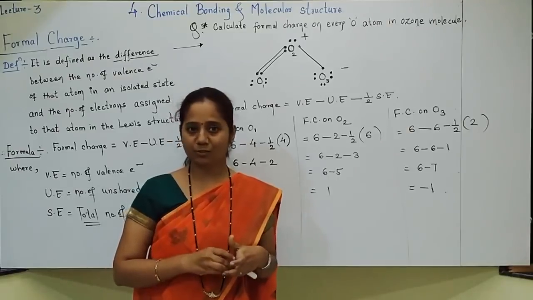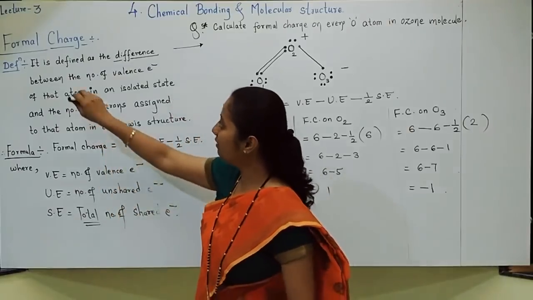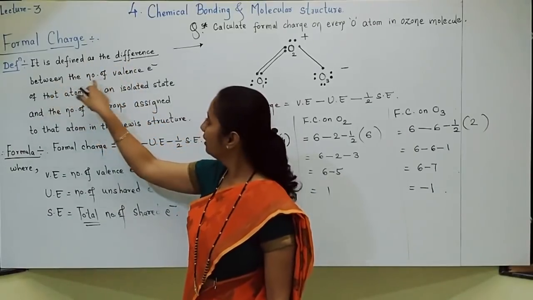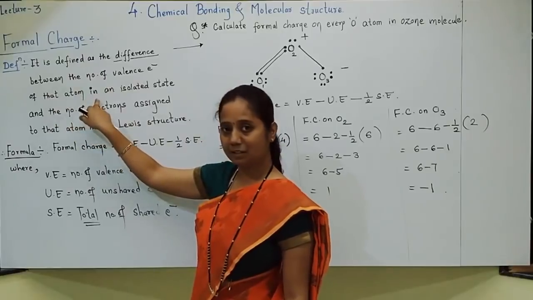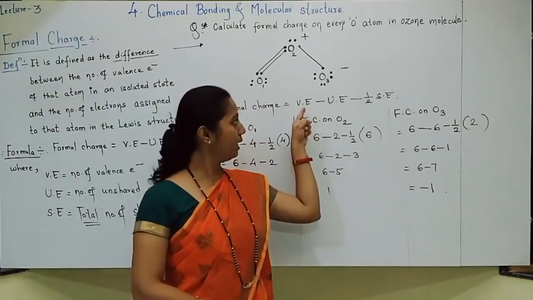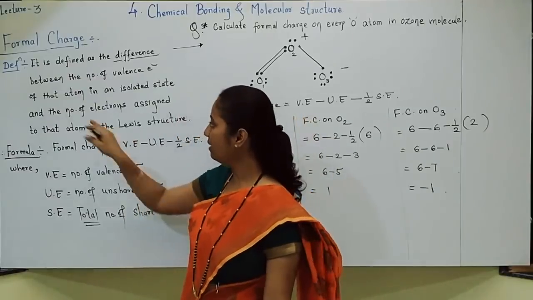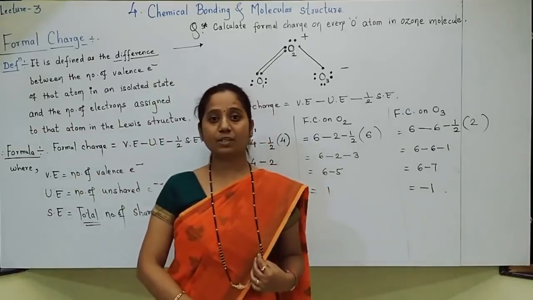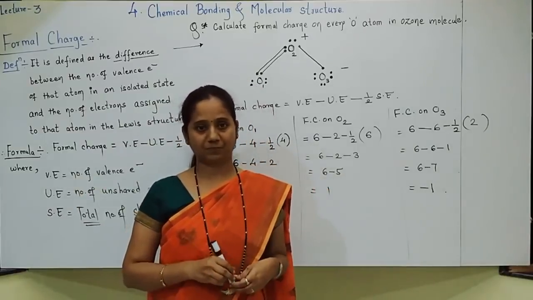So I hope you understood the definition of formal charge. It is the difference between the number of valence electrons of that atom in the isolated state, VE, and the number of electrons assigned to that atom in the Lewis dot structure.